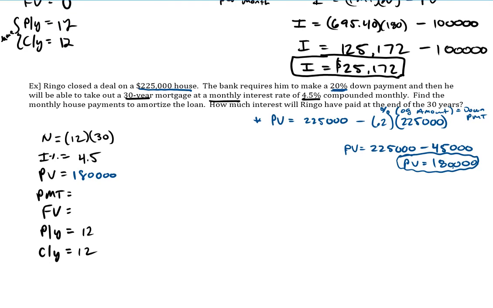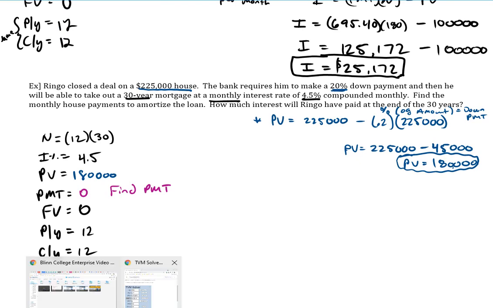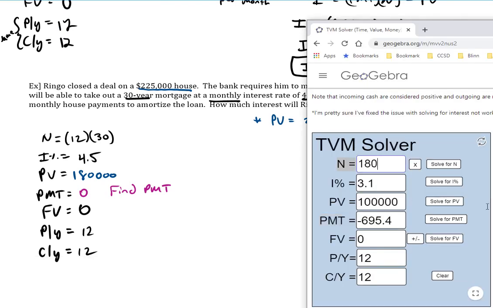Find the monthly house payment to amortize the loan. So we're finding PMT. And then our future value we should have as 0. So in the future, hopefully, if things go well, that should be $0. So let's find that payment, and we'll use our solver. I just need to type all these in again.